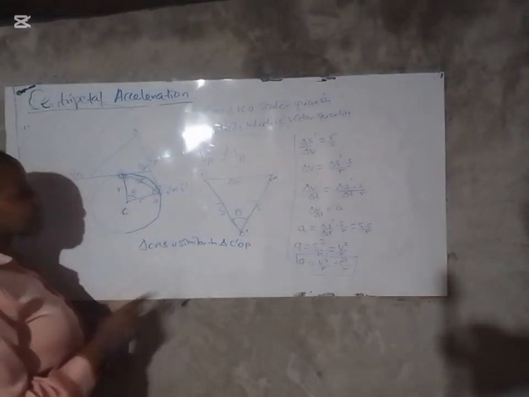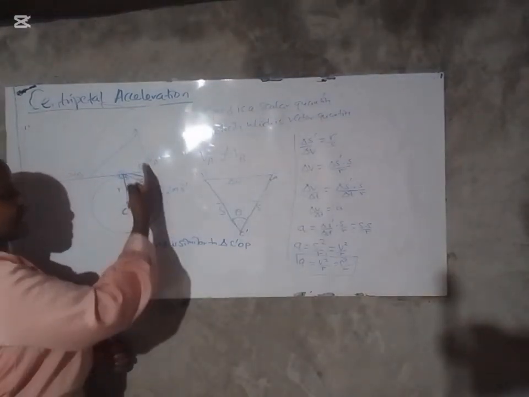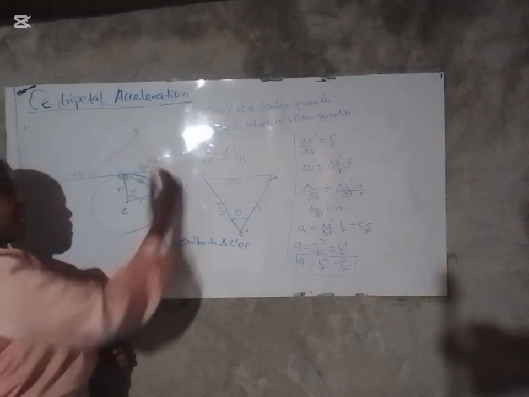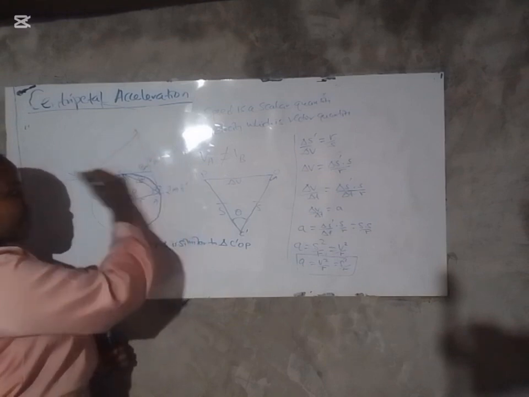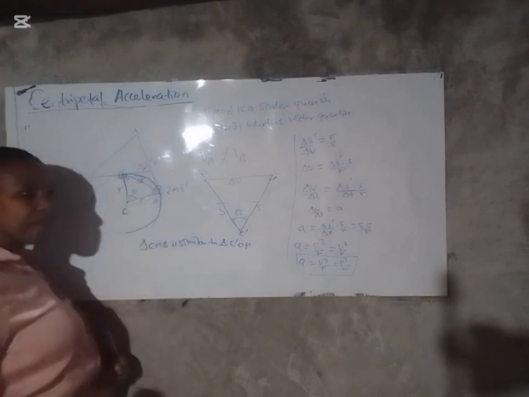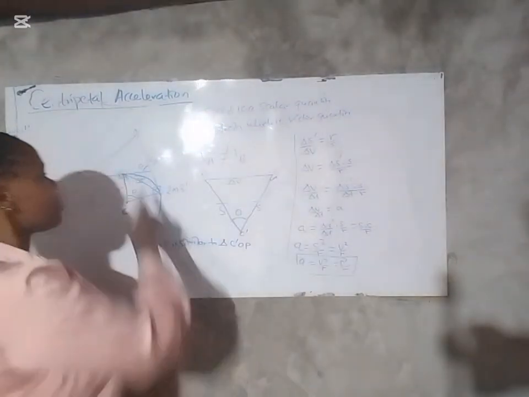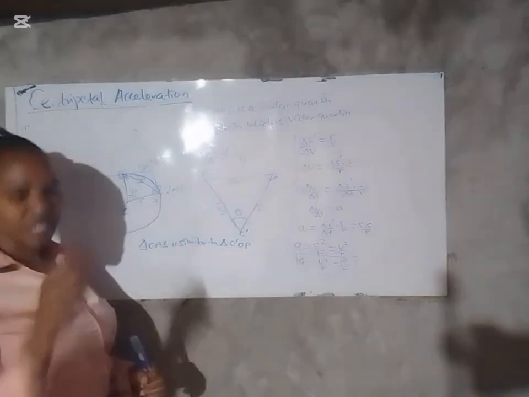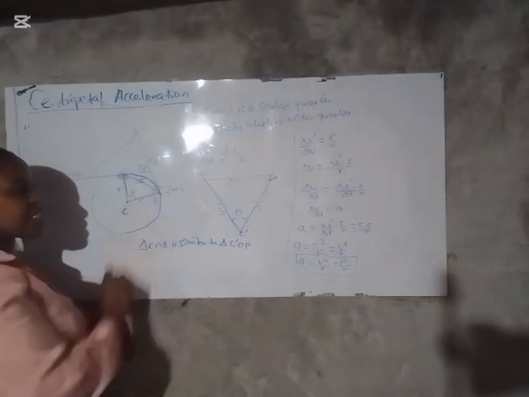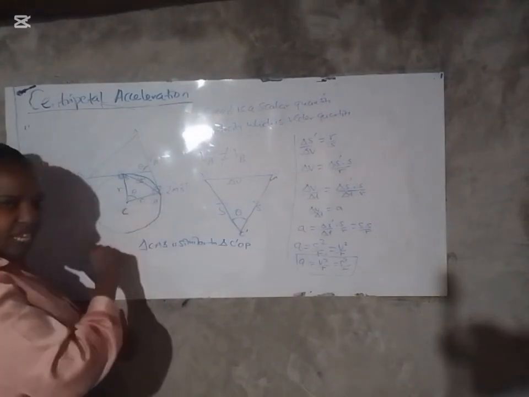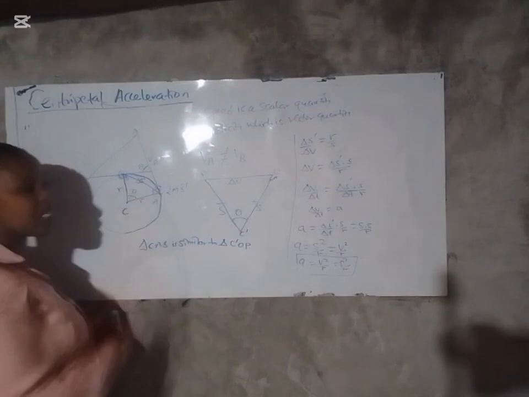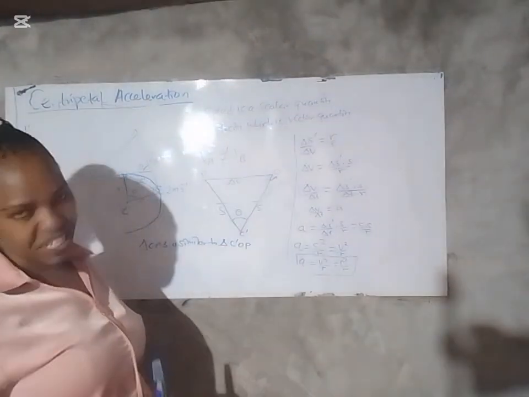When that happens, there is that angle theta, meaning the first velocity at point A and the second velocity at point B, the angle between the two velocities, we call it theta, which we said is equal to the angle between the first radius from the center to point A and the other radius from the center to point B. The angle between the two radii is also theta.